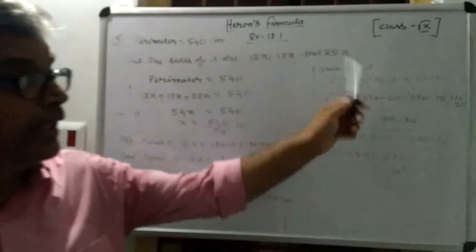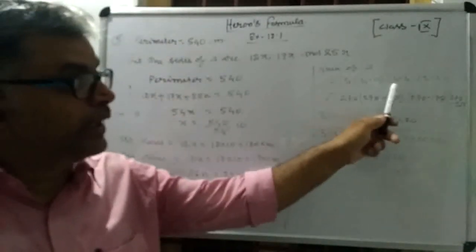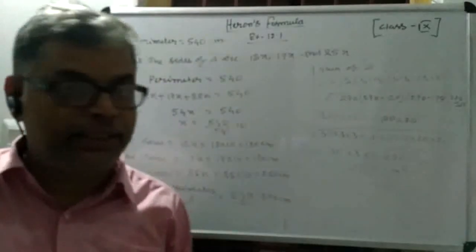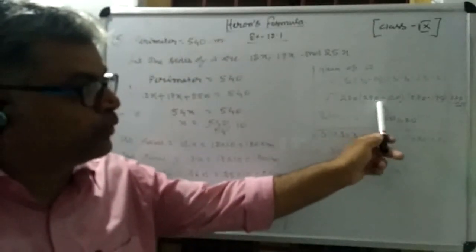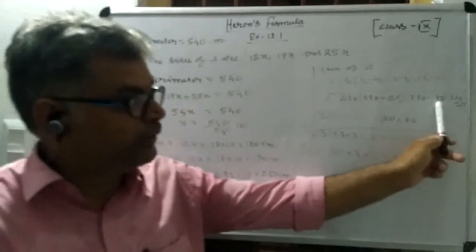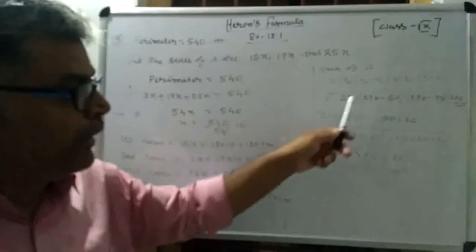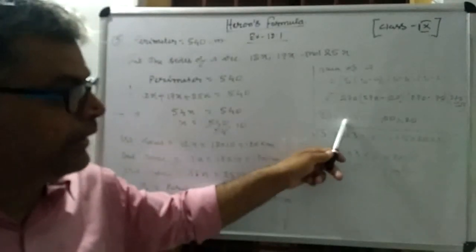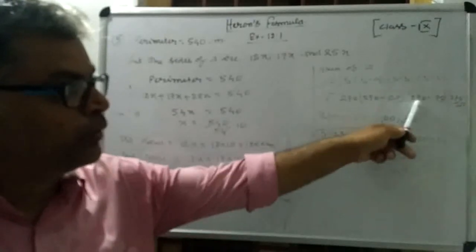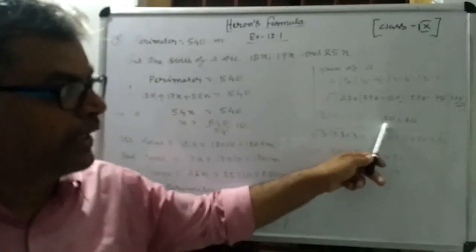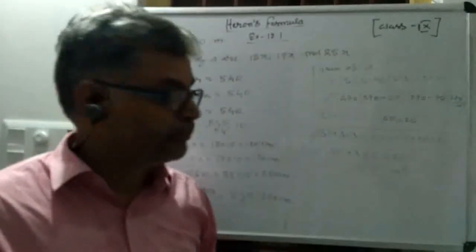Now applying Heron's formula, that is the square root of s into s minus a into s minus b into s minus c. On putting in the values, 270 into 270 minus 120, 270 minus 170, 270 minus 250. When you subtract, 270 minus 120 will be 150, 270 minus 170 will be 100, and 270 minus 250 will become 20.